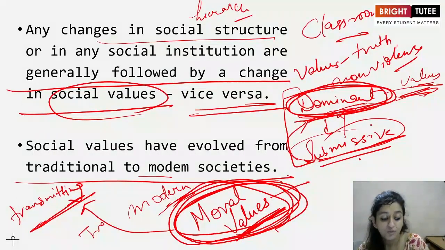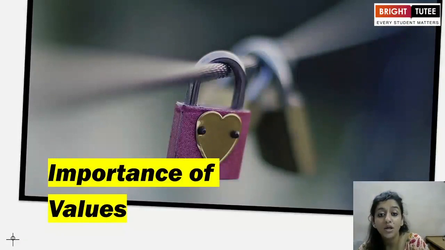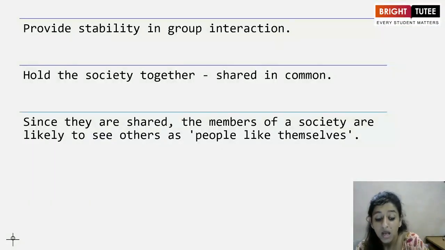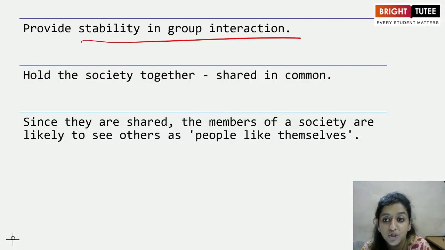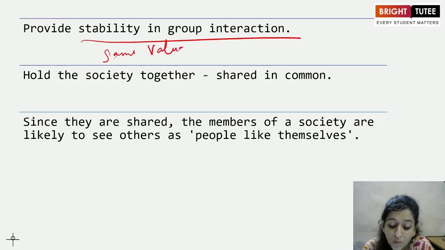Talking about, or moving to, the importance of values: it provides stability in group interaction. If you and I are part of a society, and we have the same social values, that is what will make the interaction smoother and stable.